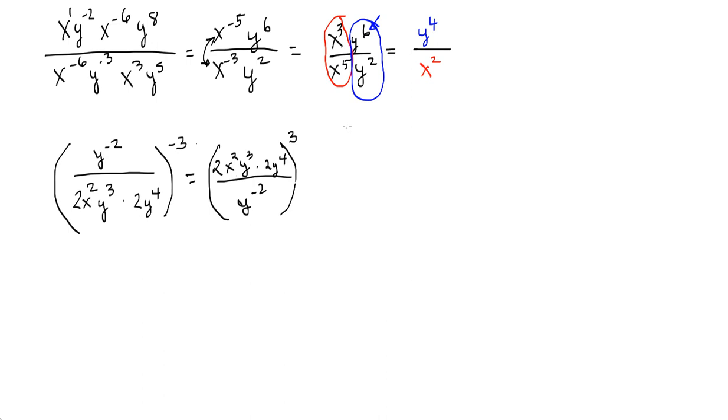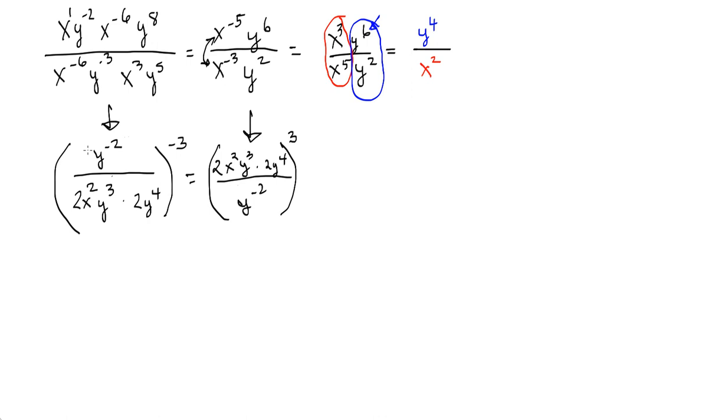Sure I can. The positive is the reciprocal of the negative exponent. The fraction that was raised to the negative exponent, we make it a reciprocal, and our exponent becomes positive.